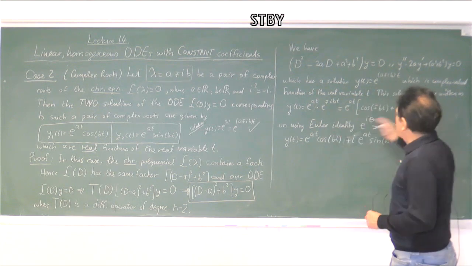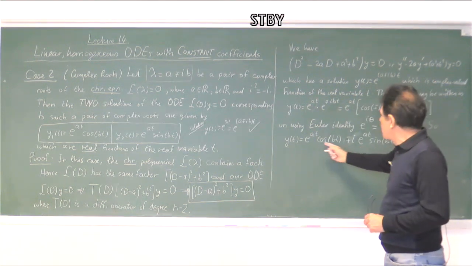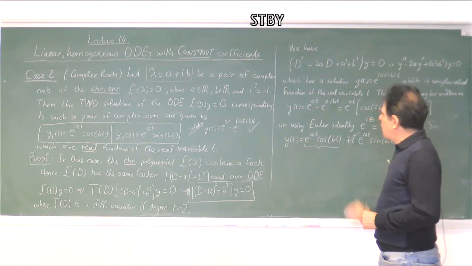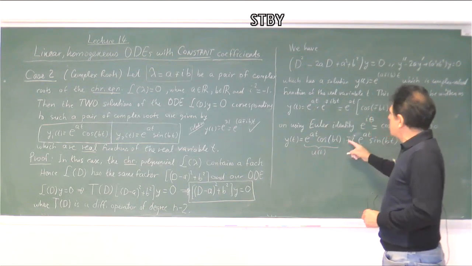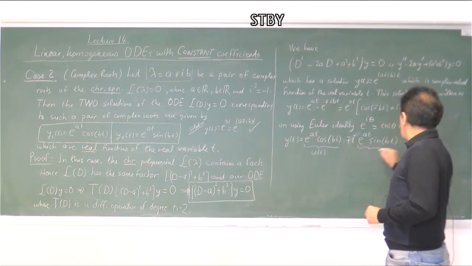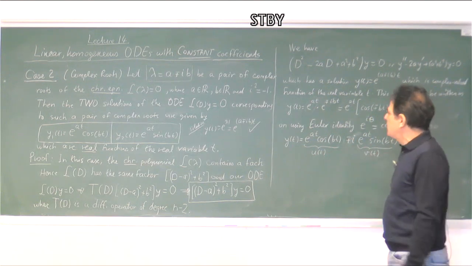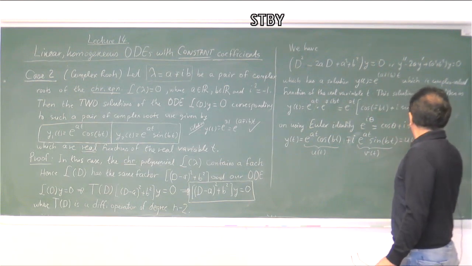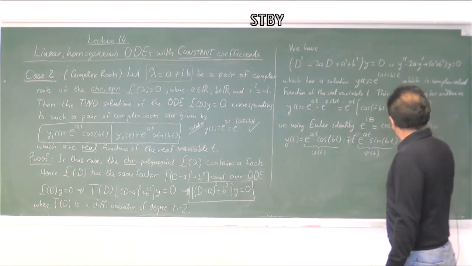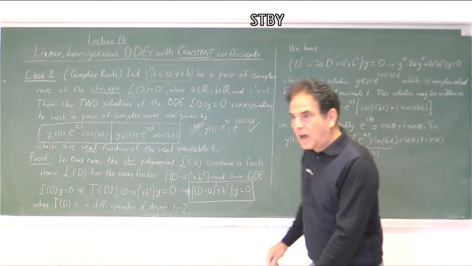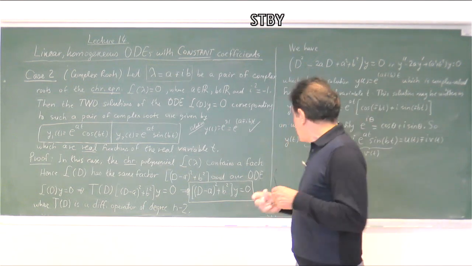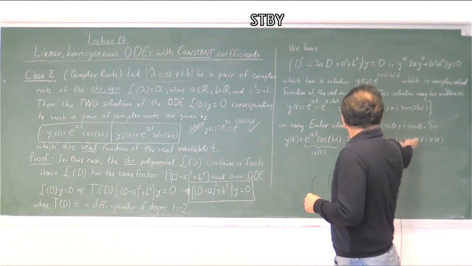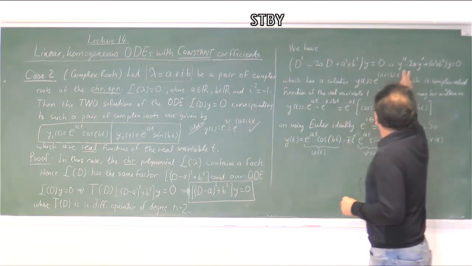So this complex valued function may be written as u of t plus or minus i times v of t, where u of t and v of t are real valued functions of the real argument. Okay? And this is a solution of our second order ODE.